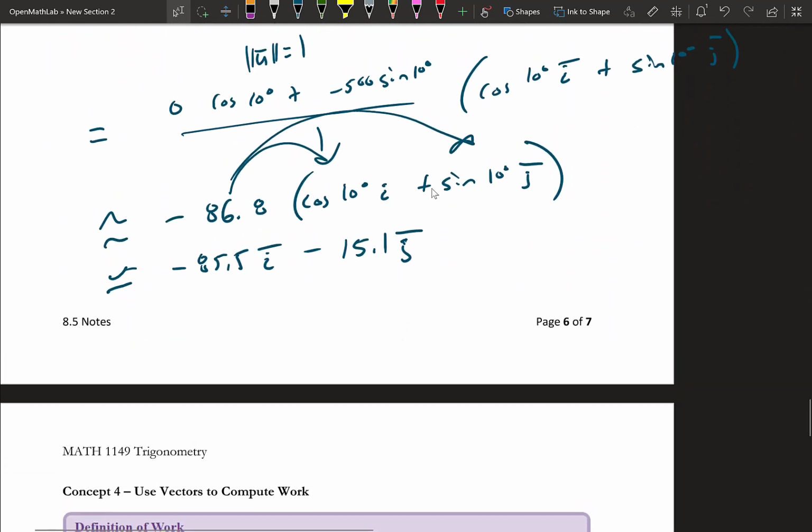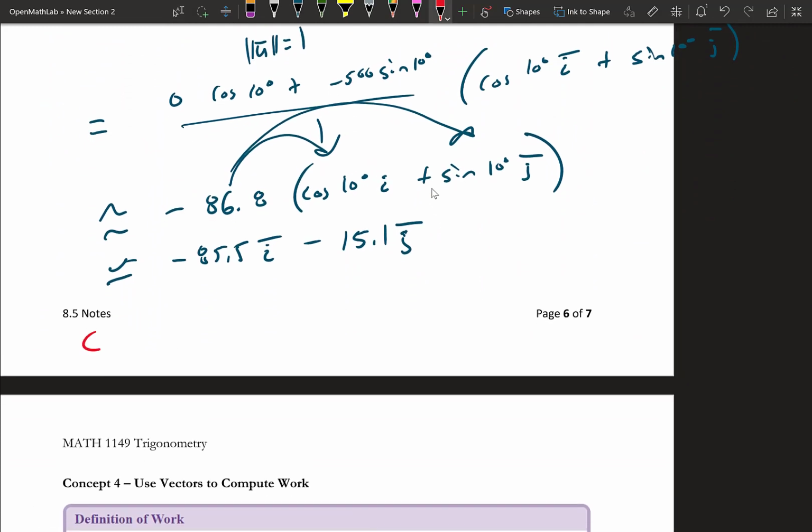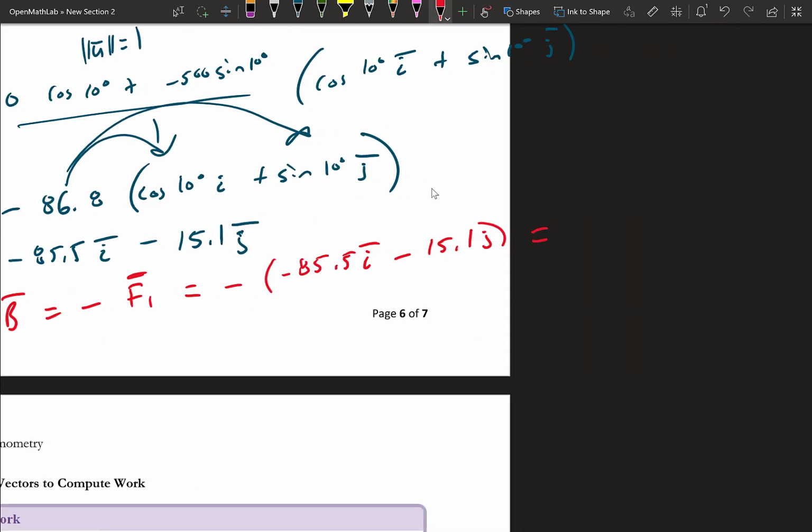So in other words, if vector B is the vector for the brakes, that's going to be equal to -1 times the vector F1. So that's going to be equal to negative times negative 85.5i minus 15.1j, which equals 85.5i plus 15.1j.